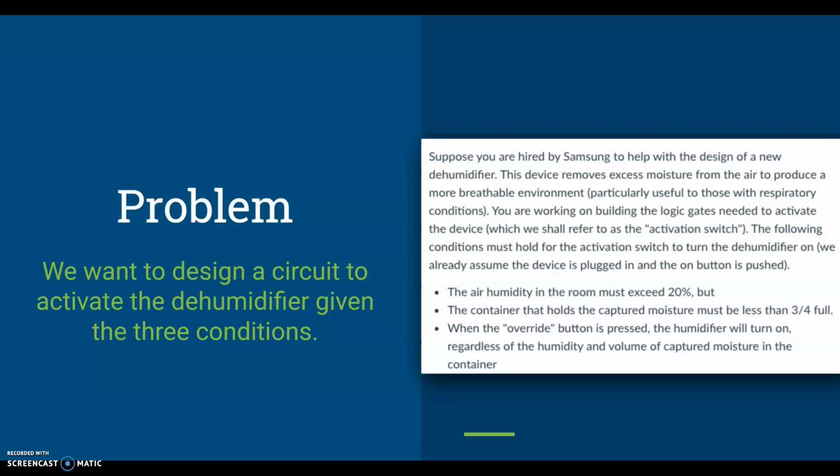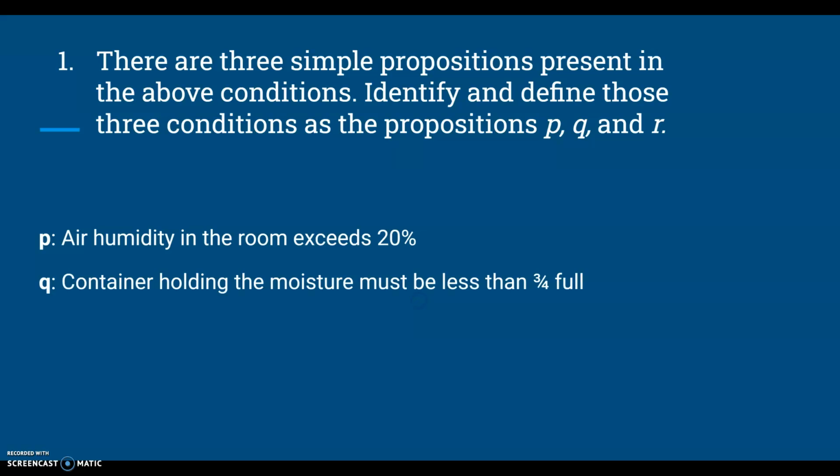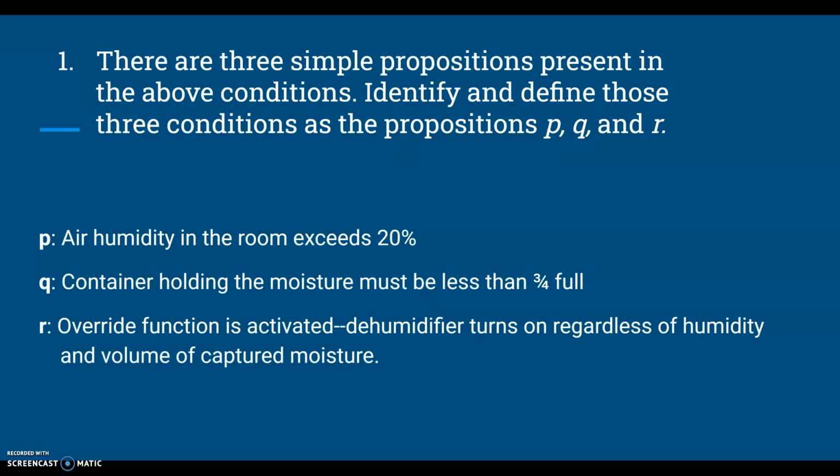Likewise, whenever an override button is pressed, the dehumidifier will turn on regardless of the humidity and the volume of the container. From here, we can create three simple propositions and present them as P, Q, and R, P being the humidity in the room, Q being the container holding the moisture, and R being the override button.